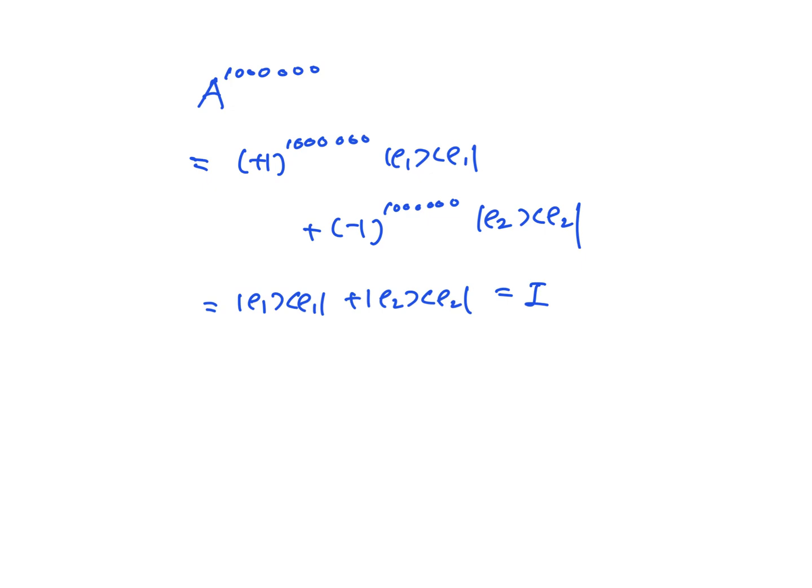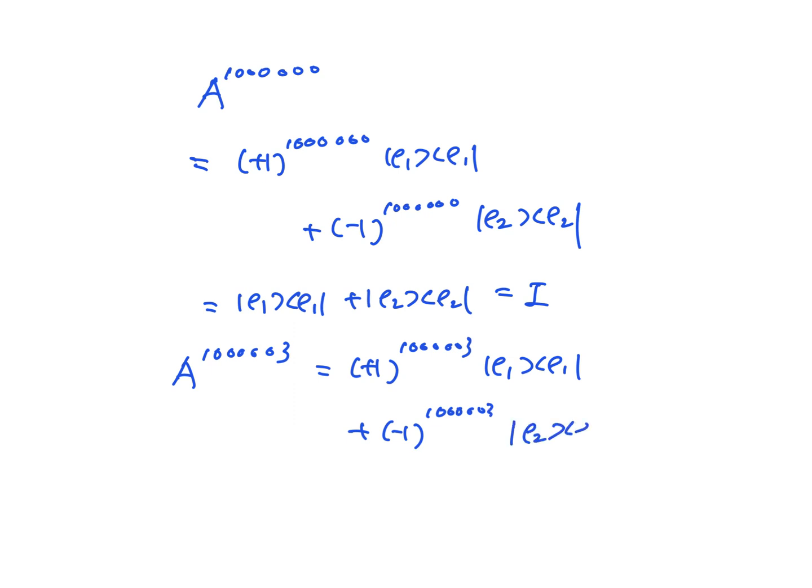How about A to the 1,000,003? You just need 3 more multiplications after 1 million, right? So a little over 3 years. But since you already know the spectral theorem, we know the answer, right? Plus 1 to the 1,000,003 times E1, plus minus 1 to the 1,000,003 times E2.